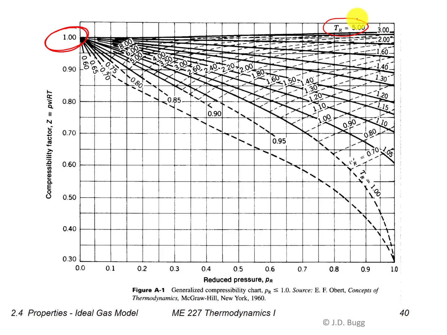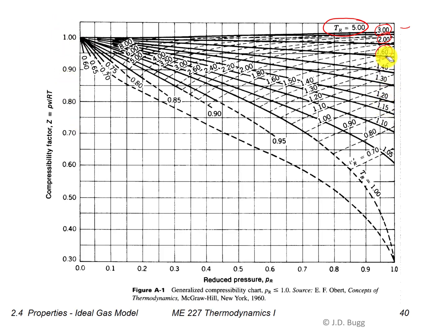But as the reduced temperature decreases, the next line is 3, next line is 2, 1.6, 1.4, down, down, down. As the temperature decreases, we get closer and closer to that liquid-vapor region, and the distortion, or how far this line is away from Z equals 1, becomes greater and greater.